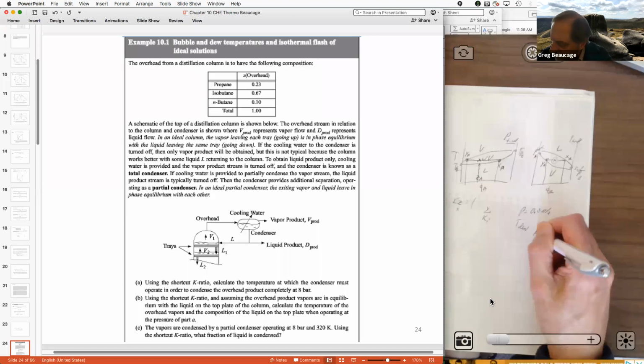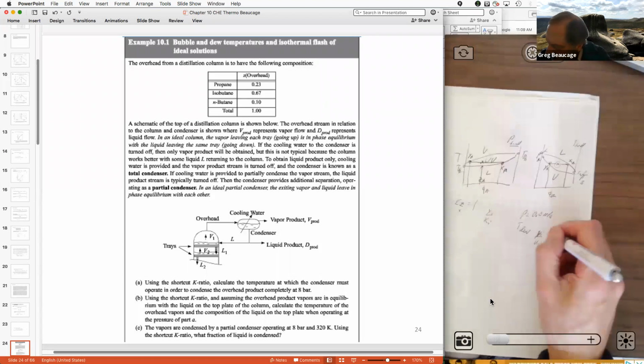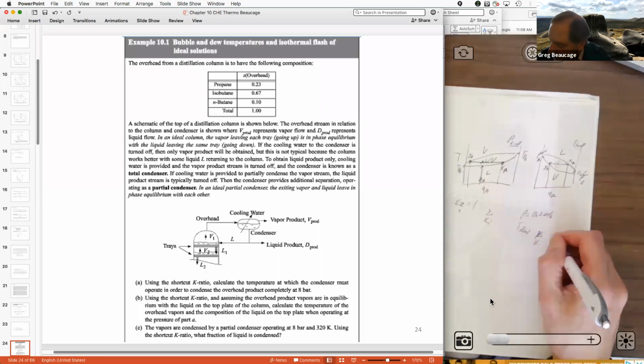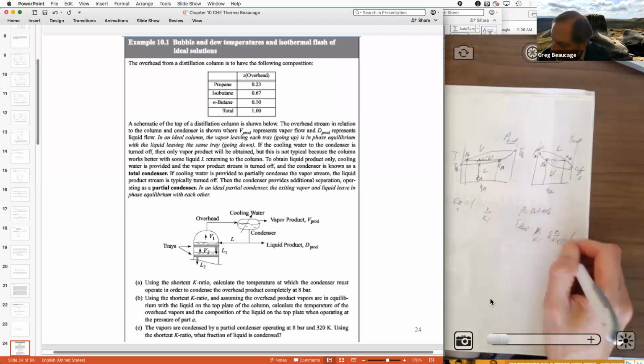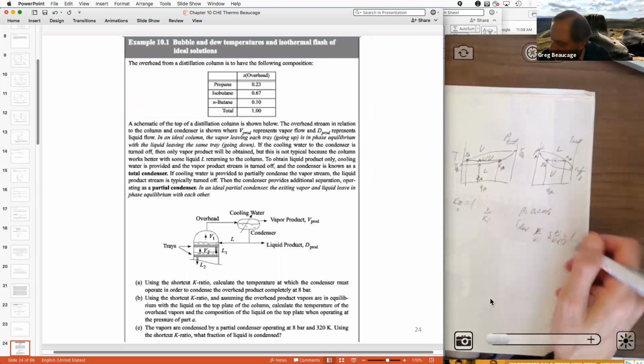You're starting with a vapor, so we're saying Y is Z at the dew point. So Zi over Ki, which is temperature dependent, the sum of that equals 1. Then you find the temperature where that would work.